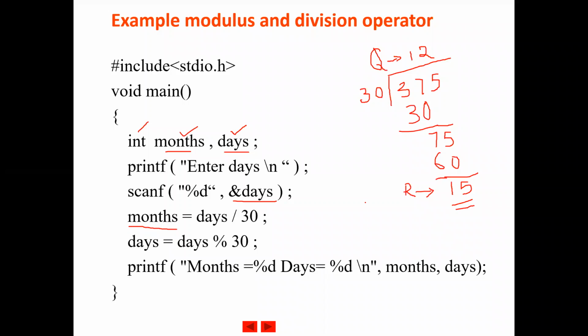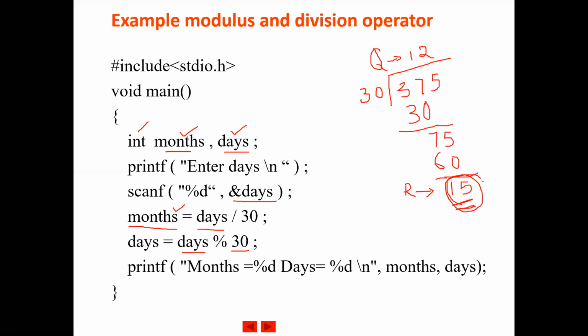Is it clear? So how should I implement this as a program? In days I have 375, right? If I divide days by 30, the quotient will give you the number of months. If I find the modulus of days with 30, the remainder will give you the number of days remaining. As it is not 30 days, I cannot make it 1 month, right?